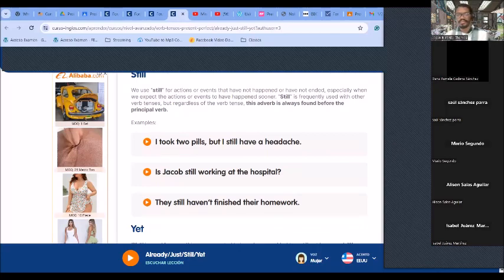Examples: I took 2 pills, but I still have a headache. Is Jacob still working at the hospital? They still haven't finished their homework. So still is like the opposite of already. Already finished. Still not finished.